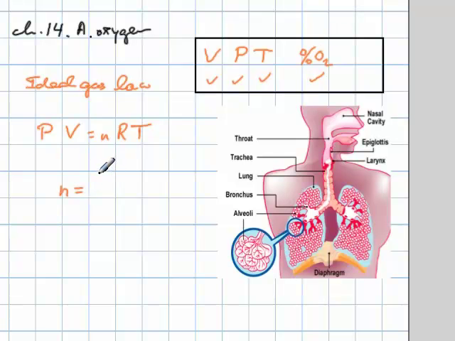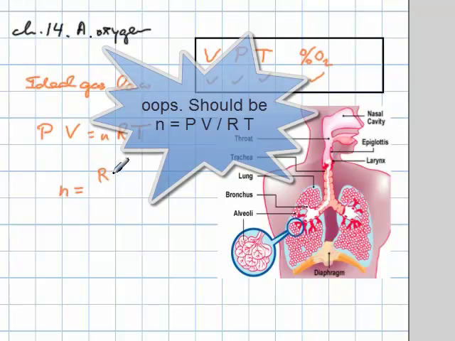So n equals PV divided by RT, and there's nothing to convert here because they give it to us in standard units. So whatever you're going to come up with here, a very large number? No, I'm sorry, not a very large number. This is moles. So in the neighborhood of, well, a fraction, a little bit less than 1, in fact less than 0.1, you're going to come up with in moles.